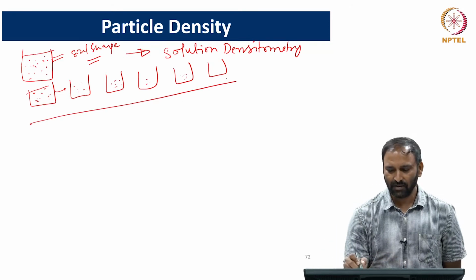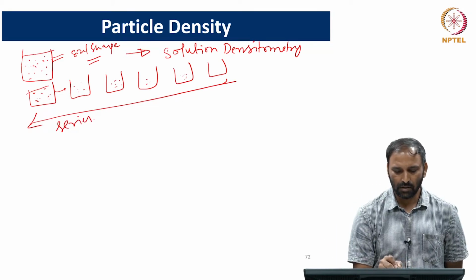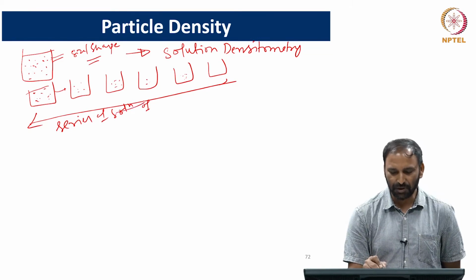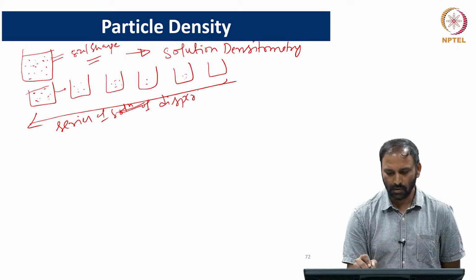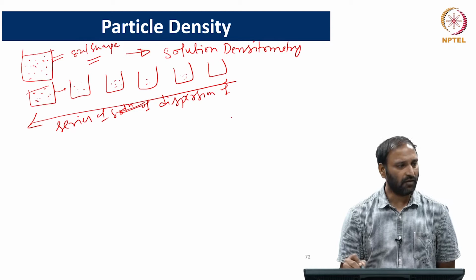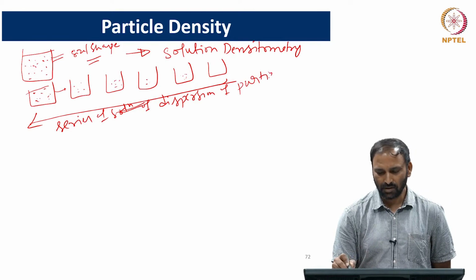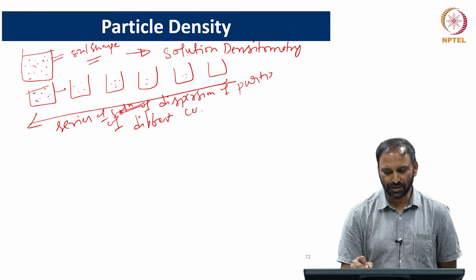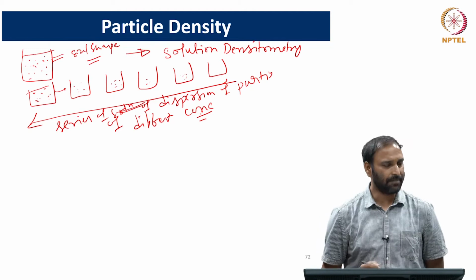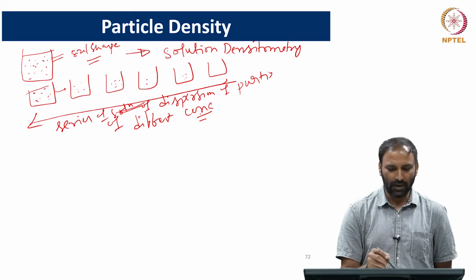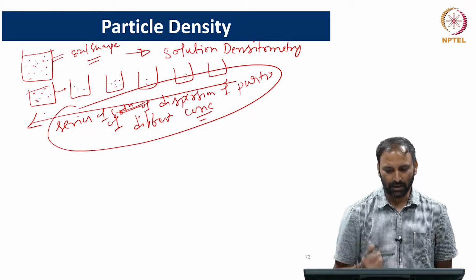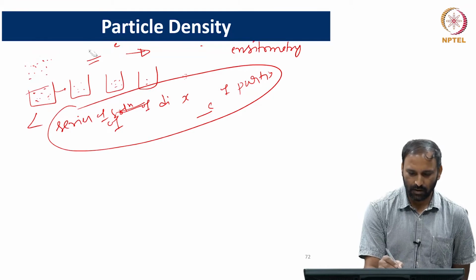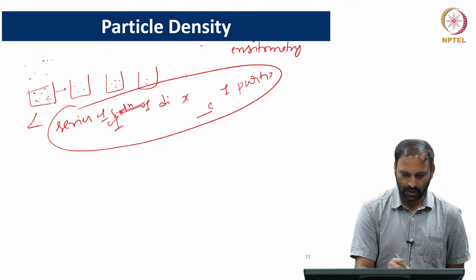I basically have a series of solutions, or series of dispersions if you want to call them, of particles of different concentration. Okay. Let's think a little bit on how we get the particle density data from that. So, what we will do is I am just going to rub this off quickly.